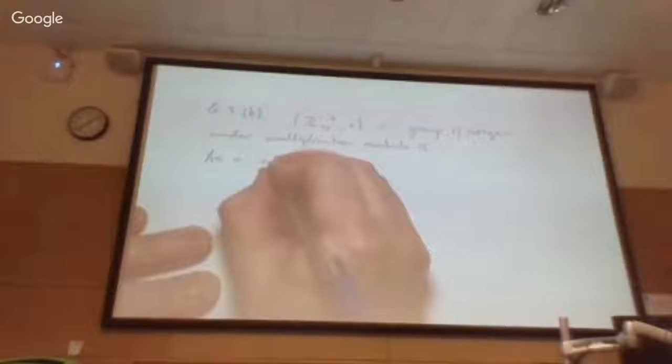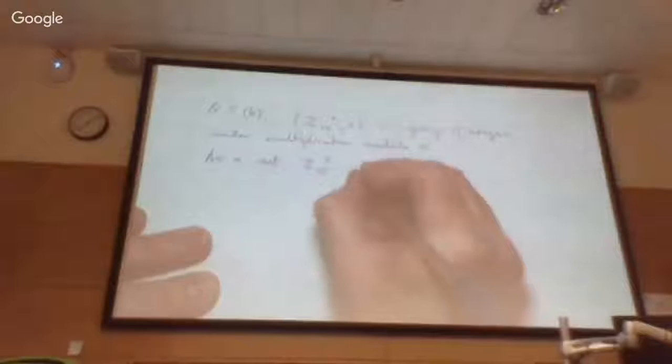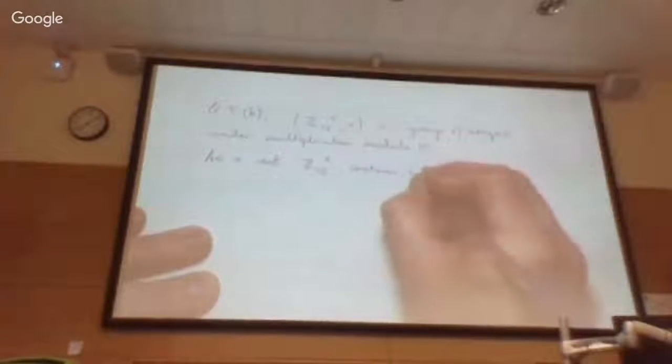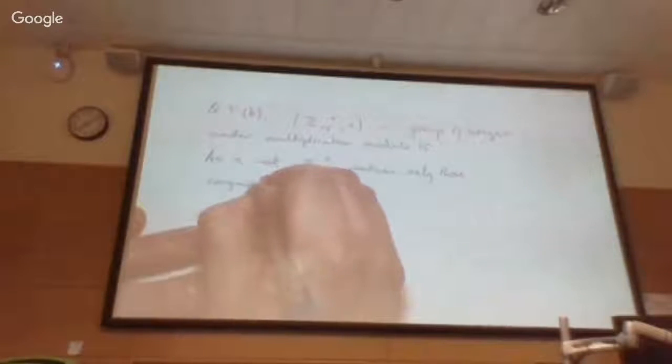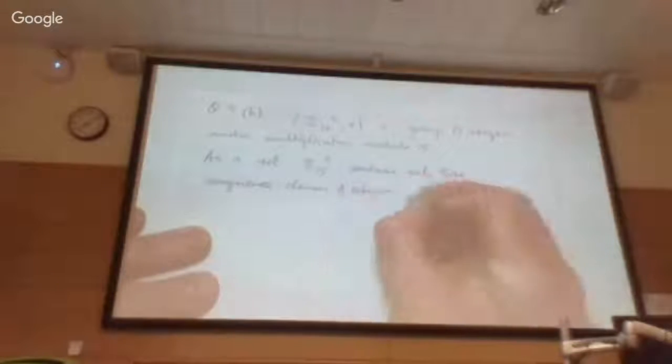In order to form a group under multiplication modulo 15, we can't have all of the congruence classes modulo 15. We have to only consider those that are coprime to 15. Okay? Because to have a multiplicative inverse modulo 15, you need to be coprime to 15. So as a set, Z15, the superscript multiplication sign, contains only those congruence classes of integers coprime to 15.